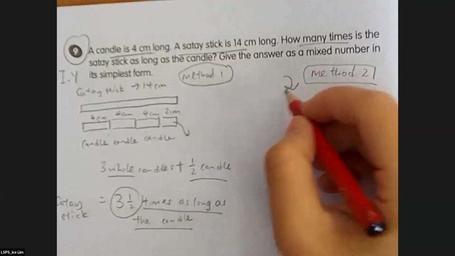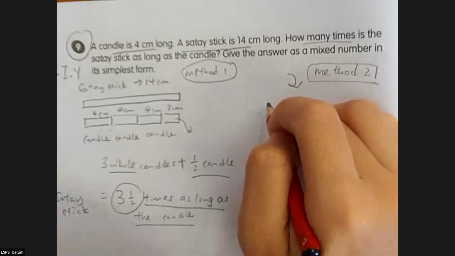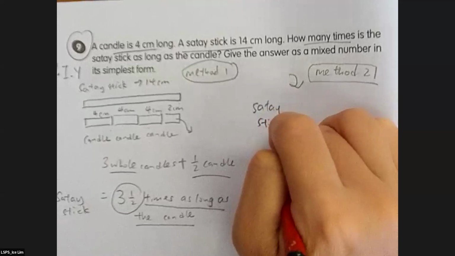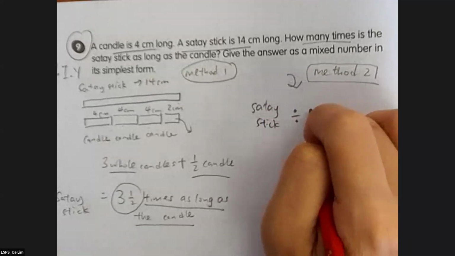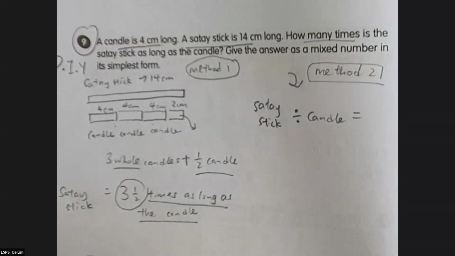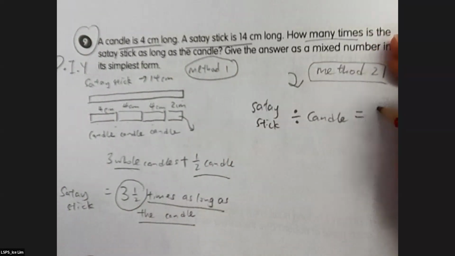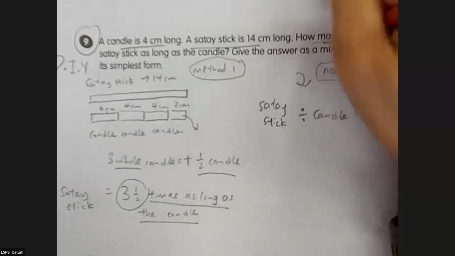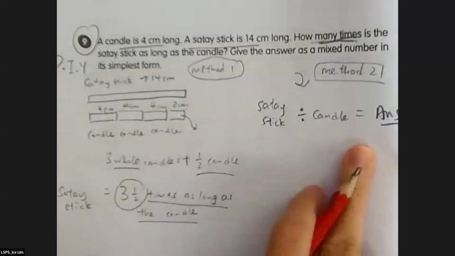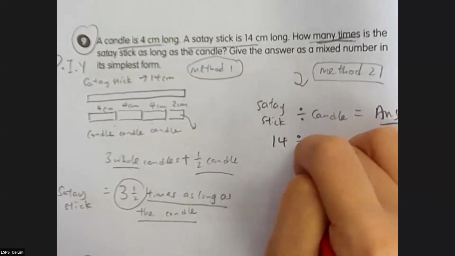The second method we were discussing yesterday: I know that the stick is longer. So if I take the length of the stick and divide it by the candle, I should get the relationship, how many times as long as the candle it is. The stick is 14, the candle is 4.